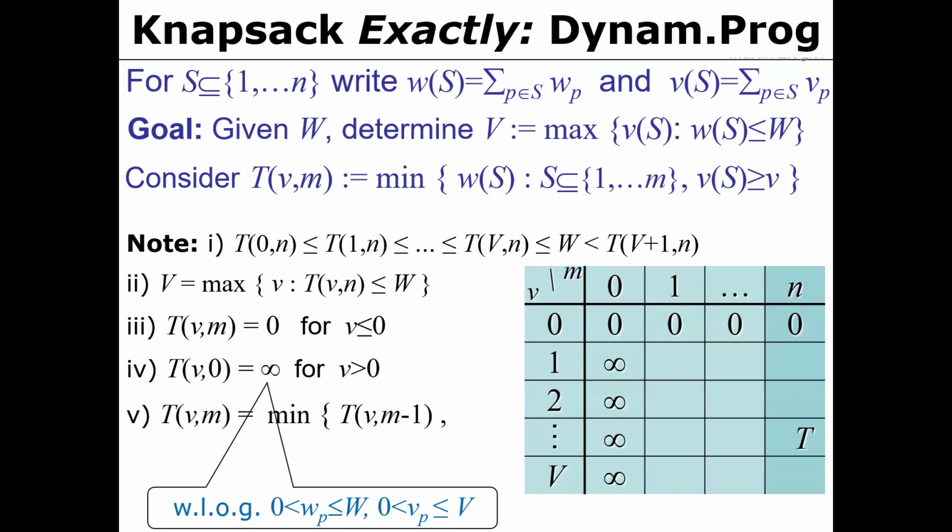And we will include it or not include it depending on what is better. So look at what if we do not include it? Then among the other packets, what is the least weight we need in order to achieve value V, not counting the new packet number M? Or, putting that packet number M into the knapsack, then we don't need to achieve value V anymore because packet number M already has been added.